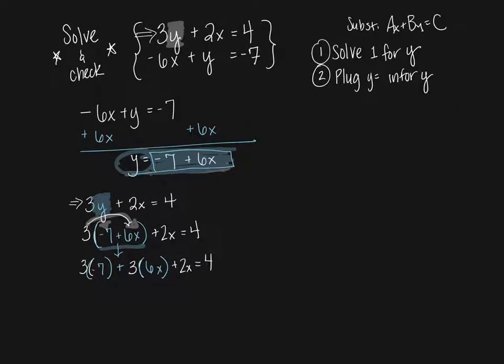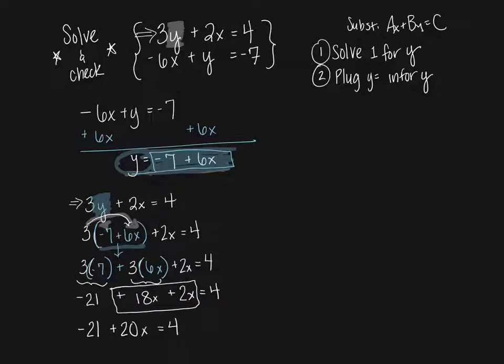All right, now I can end up solving this, and 3 times negative 7 is negative 21, plus 3 times 6x, which is 18x, plus 2x, and all of that equals 4. Now what is my next step? Can I move anything? No, I need to combine my like terms. I have similar terms right here. So I'm just going to bring negative 21 down, and 18x plus 2x is 20x equals 4.